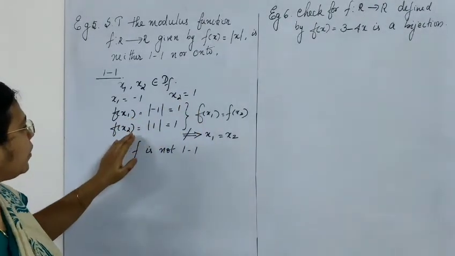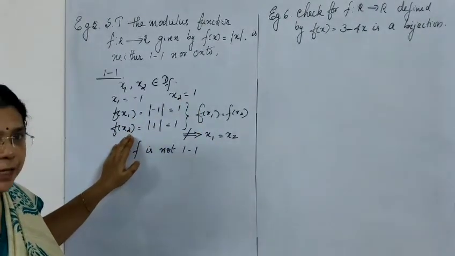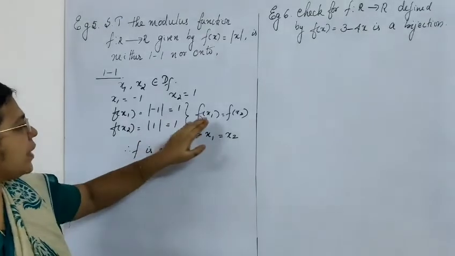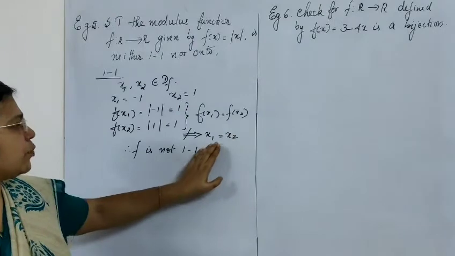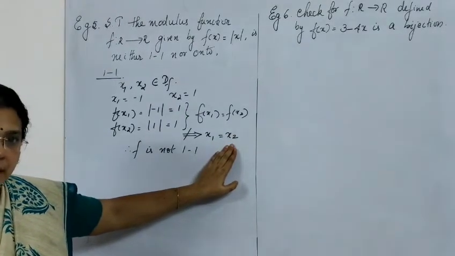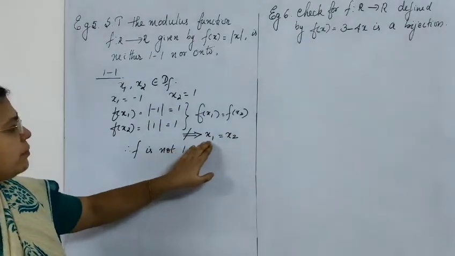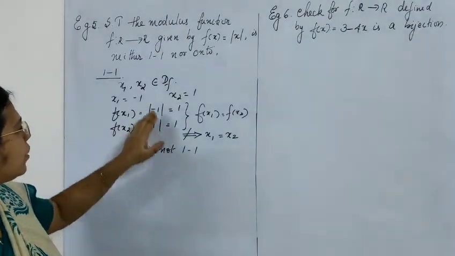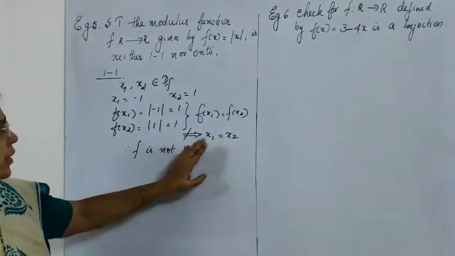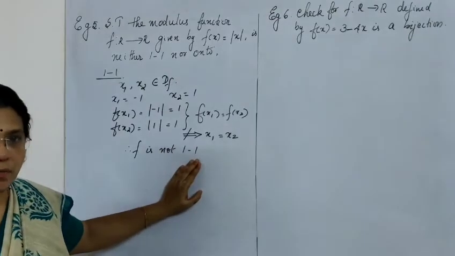I check for f of x1 and f of x2. I get f of x1 is equal to f of x2. But x1 and x2, are they the same? This does not imply x1 is equal to x2. Here x1 and x2 are not the same. Therefore, f is not 1-1.